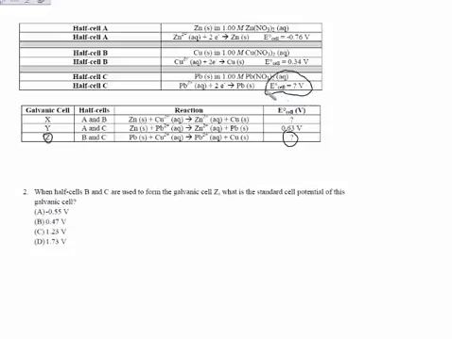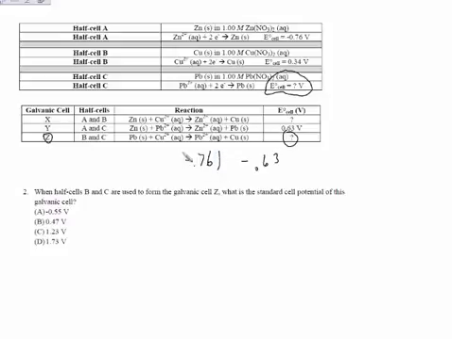That could be a challenge, except that we can deduce it from this second one here where they do give us an answer, 0.63. See, we know that it's 0.63 for this cell right here, in which zinc, being the one oxidized, is the one that goes behind. That's negative 0.76.